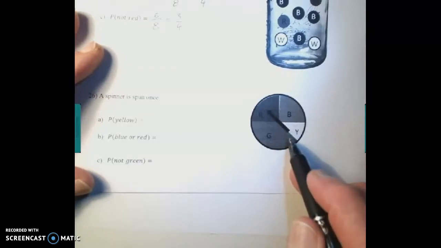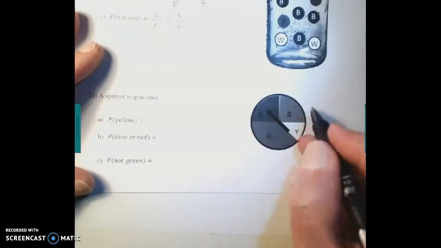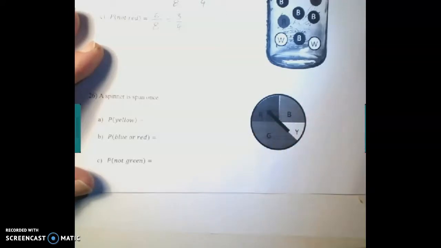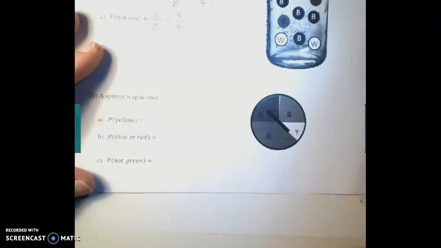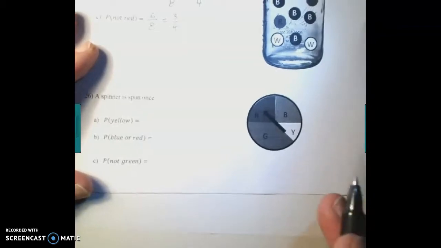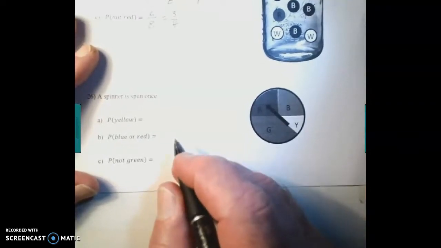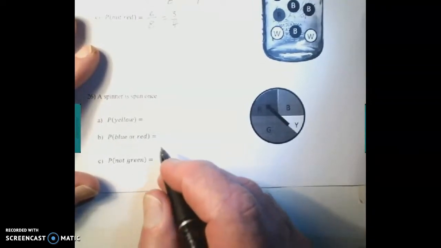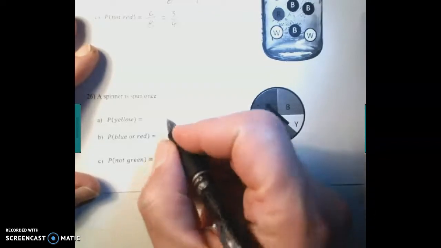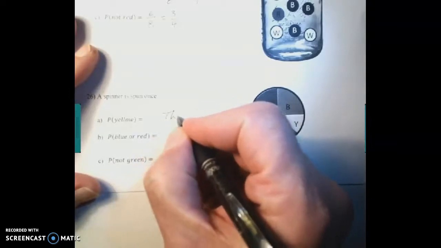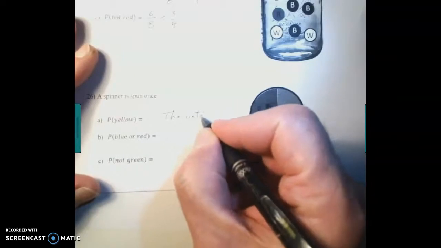Unless we're marking it so that you have some real clue, putting marks so that you can sort of get an idea what fraction of the circle has been set aside for yellow, don't try to just read it off the drawing without some kind of clear markings. And so for this one, I can't do better than what the answer key says, which is the outcomes are not equally likely.